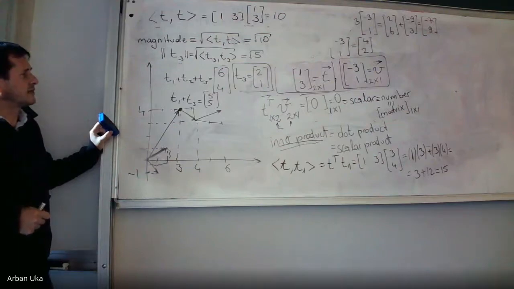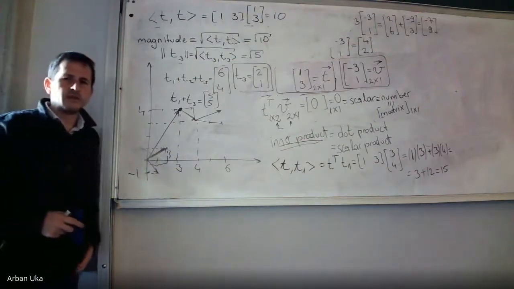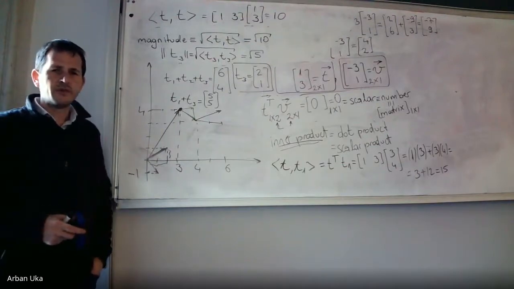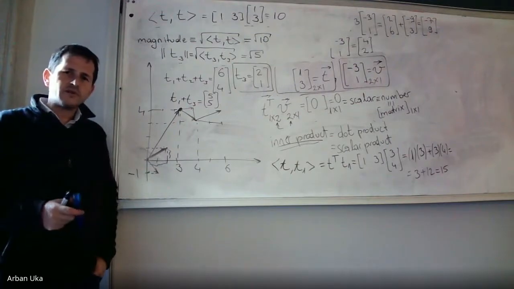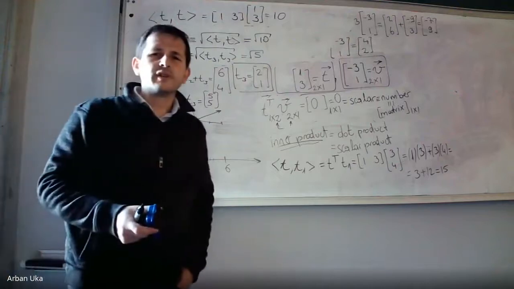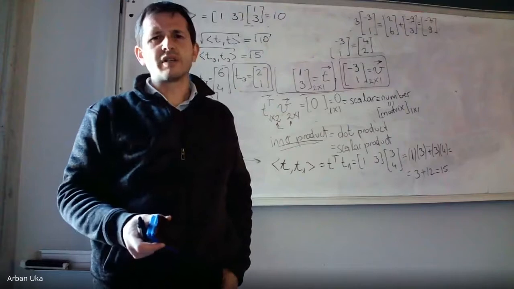So the magnitude, or the inner product of a vector with itself, is in fact the length of the vector itself. And I want to note one important thing here, which maybe you are going to see a lot in the future. I like to think of matrices and also vectors as entities which are to some degree equivalent to complex numbers. I guess we know what complex numbers are.